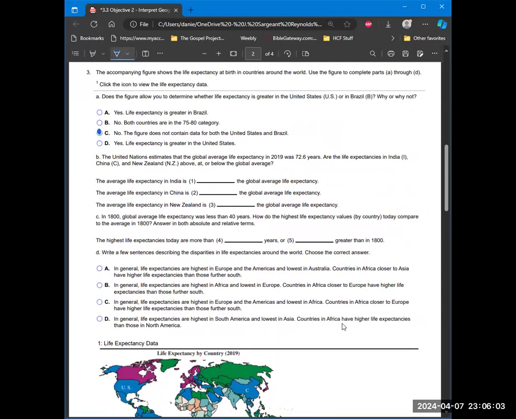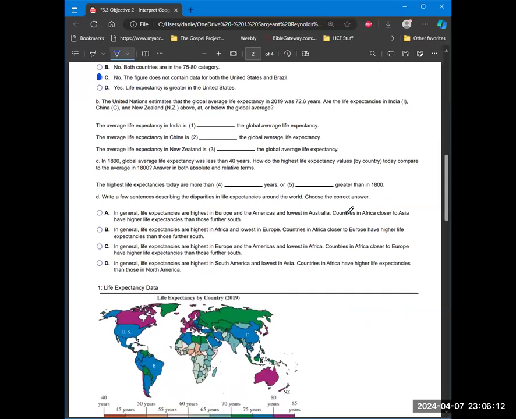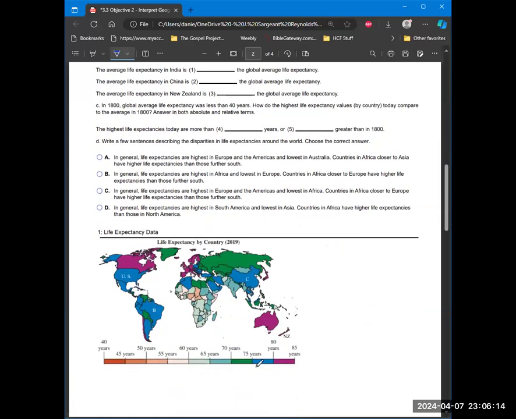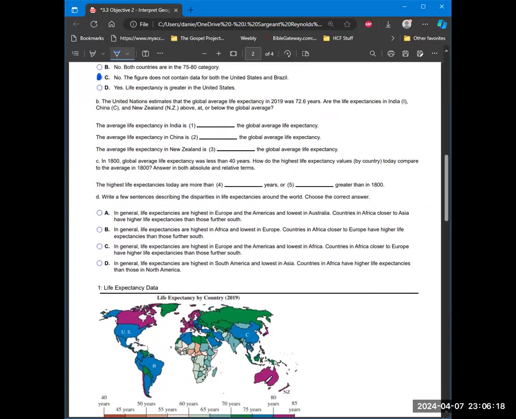So no, the figure does not contain data for both the United States and Brazil, it just color codes it, doesn't give numerical values. So all I can say is that they're both between 75 and 80 years.